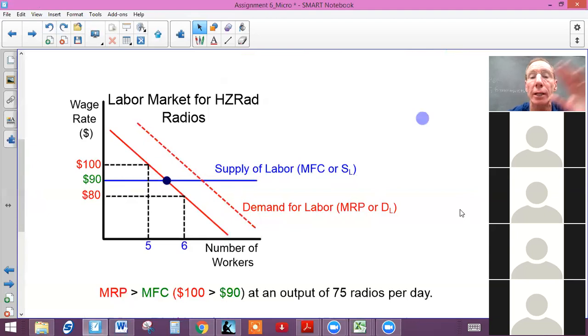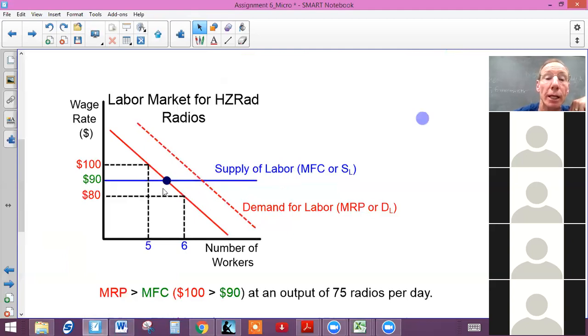Until something in the labor market changes. This is just the individual firm, okay? So the answer is going to be that the demand for labor for the firm increases, the demand curve or the marginal revenue product curve for the firm shifts to the right, but the supply of labor curve doesn't go anywhere.